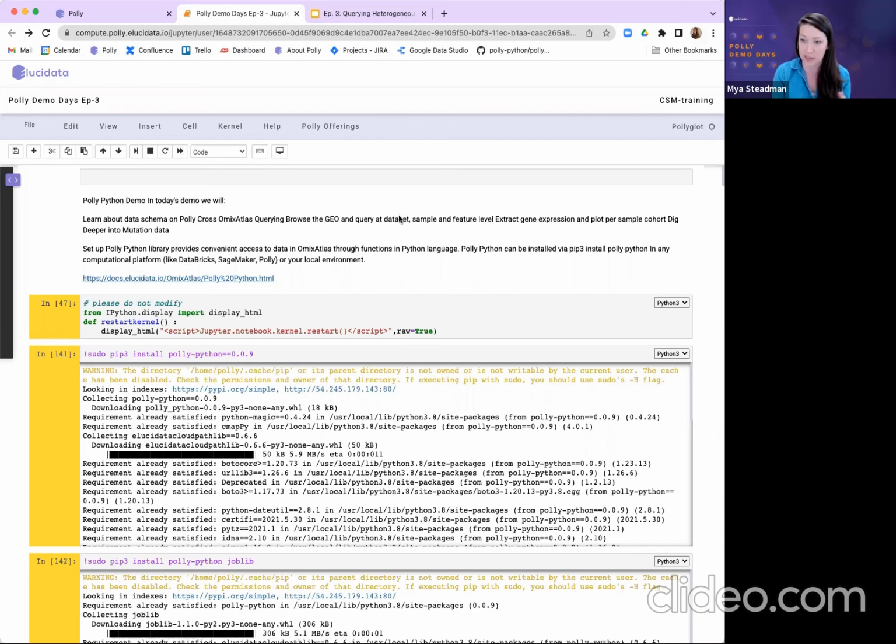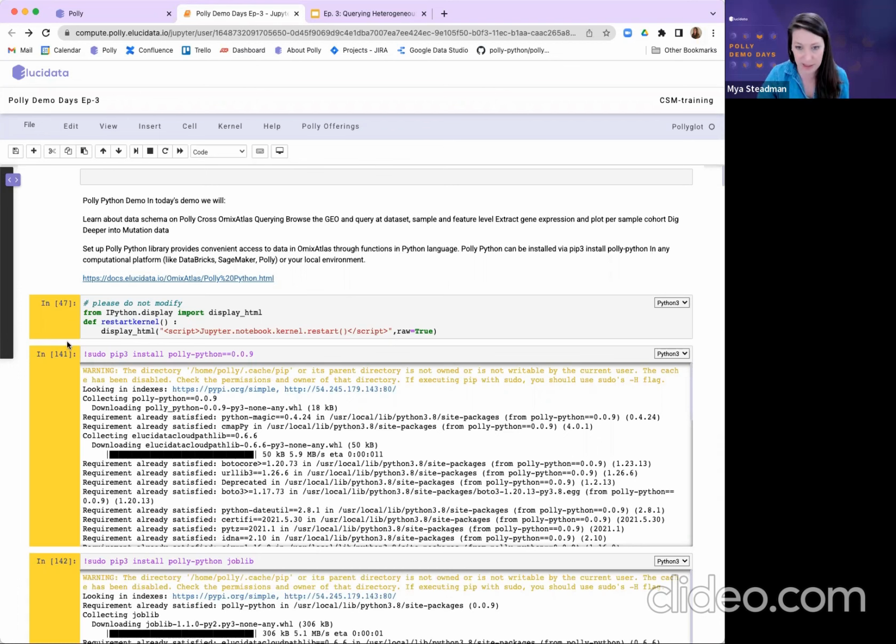They're all saved in one place, can launch and relaunch. It's very collaborative. Manimala and I have been working on this notebook together over some time, and you can change the permissions of anyone who has been added to your workspace as you go. So it's a really nice feature. Saves all your information. You'll see the autosave things popping up every now and then. And PolyPython also has a bunch of packages that are needed for downstream analysis already installed, so the environment's ready to go.